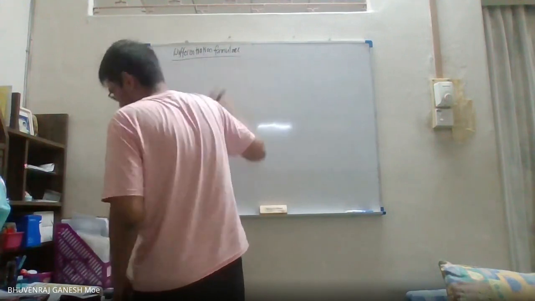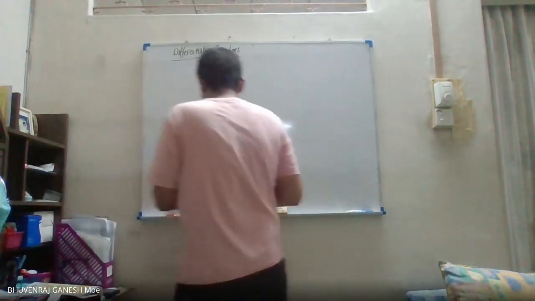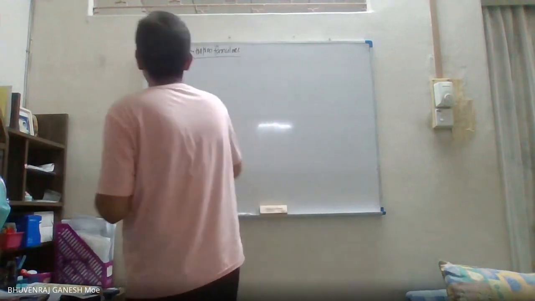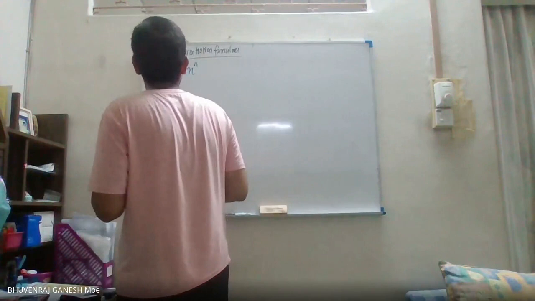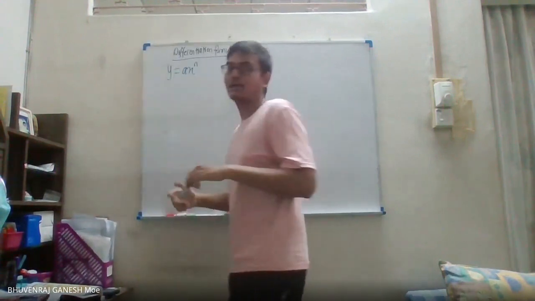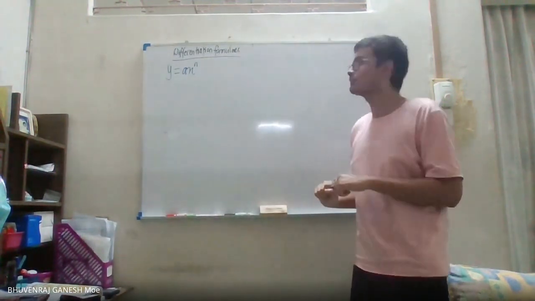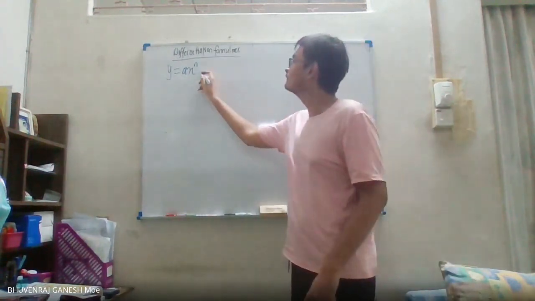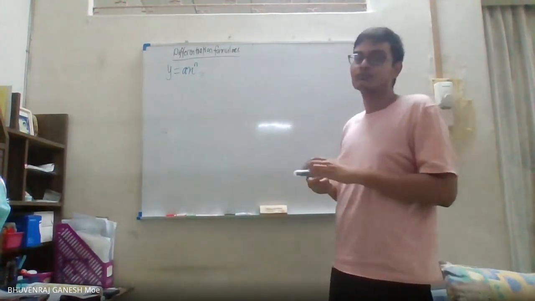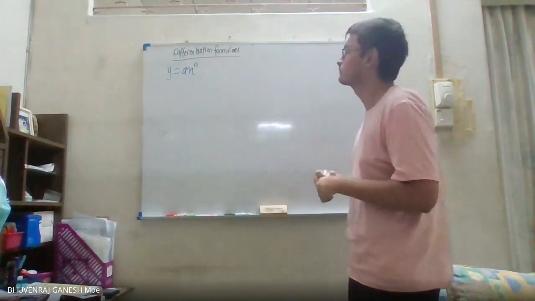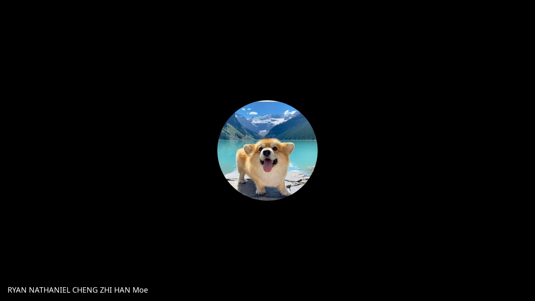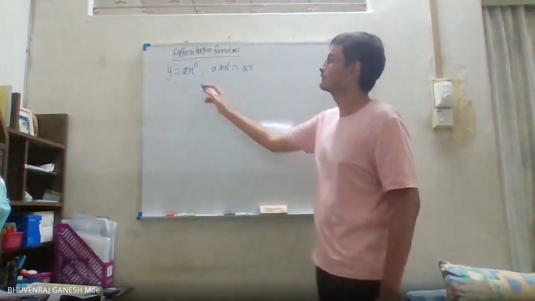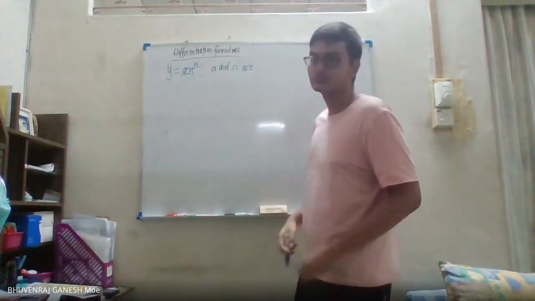So formulas. Okay, so let's say we have a general form of y equals ax power n. So what will a and n actually represent, you think? In the equation, of course, ax power n. What are a and n representing?